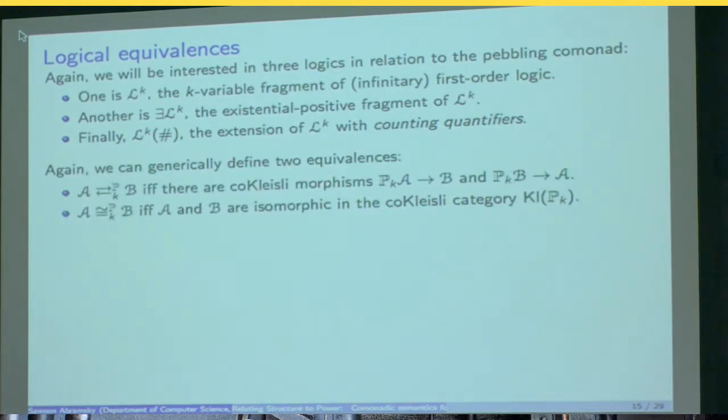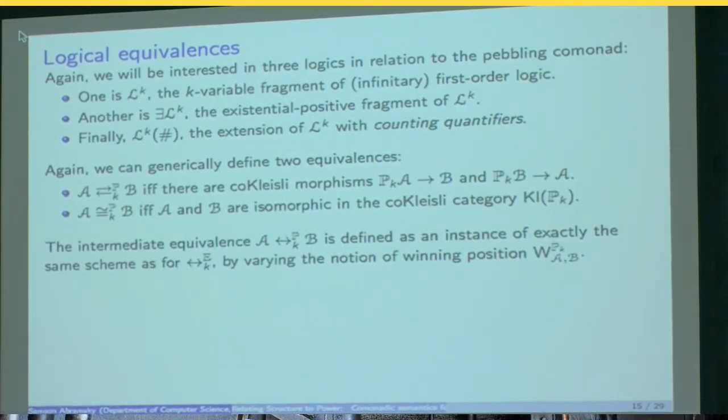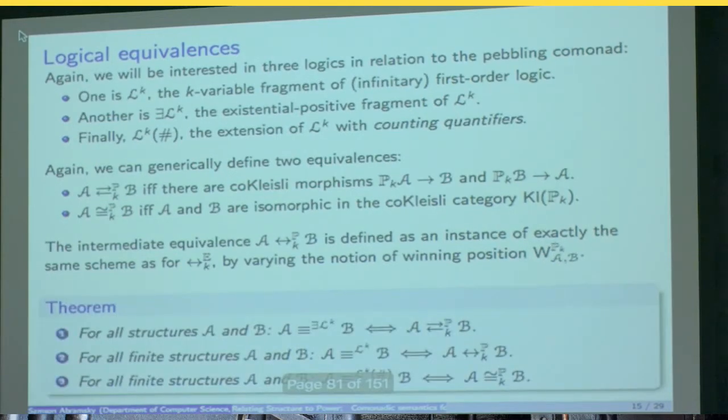Again, there are two completely generically defined equivalences, the pre-order collapse equivalence and isomorphism in the Coakleys category, and we can instantiate the same bisimilarity scheme that we saw before just by varying the notion of winning position to be what I said it was, that you take the current positions of the pebbles, and if that determines a partial isomorphism. And we get the same kind of result in this case.